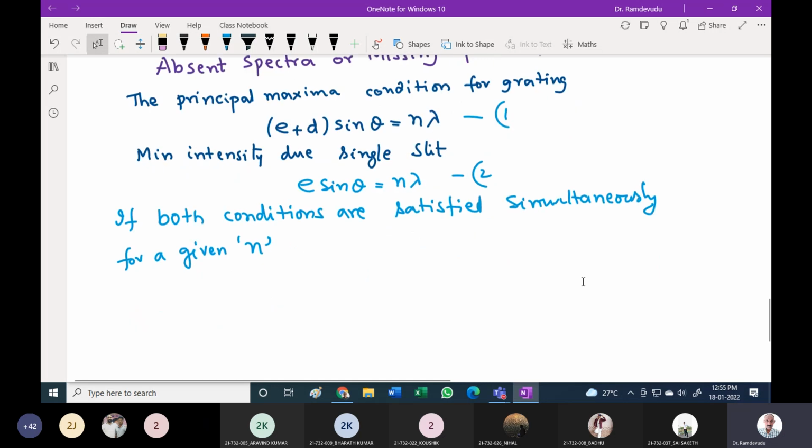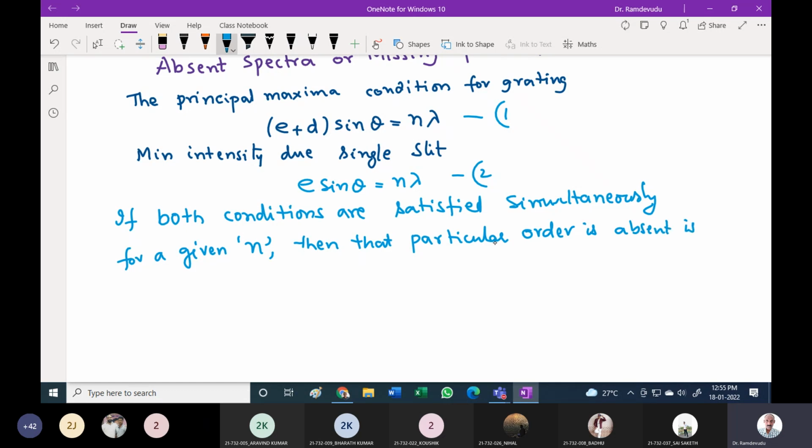If both conditions are satisfied simultaneously for a given n, then that particular order is missing or absent.